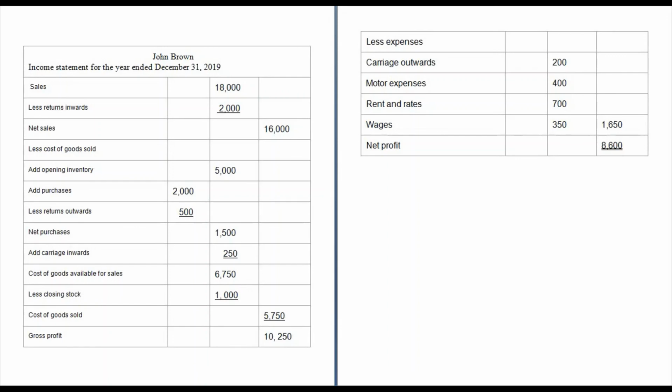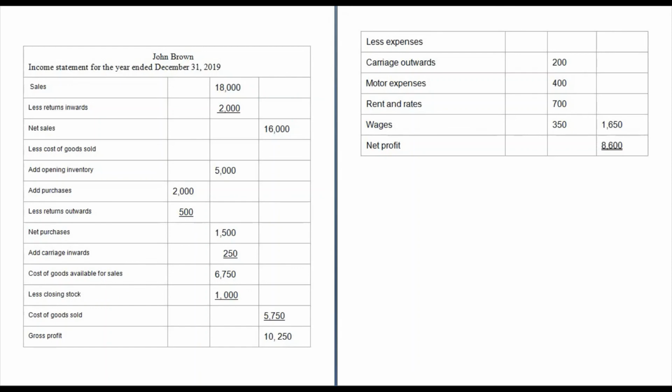From that, now you're going to ask your final question. Do you have any stock left in the business? Once you have stock at the end of the period, that is known as your closing stock. Another term, or the more newly used term, is inventory. So closing inventory. Now you will minus or take away your closing inventory from your cost of goods available for sales.